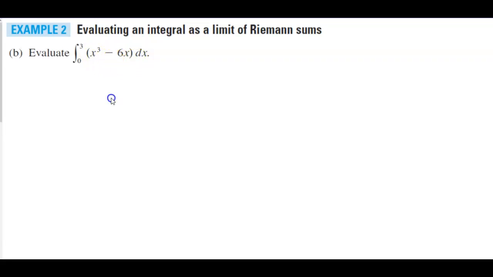Okay, so with n subintervals, remember that delta x is equal to b minus a over n. We don't know what n is, but we do know what b is and what a is, so this gives us 3 over n for delta x.